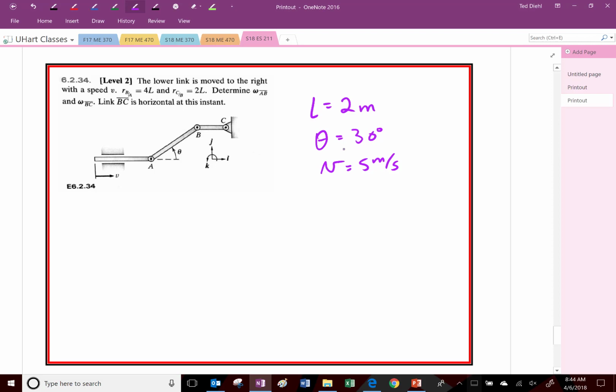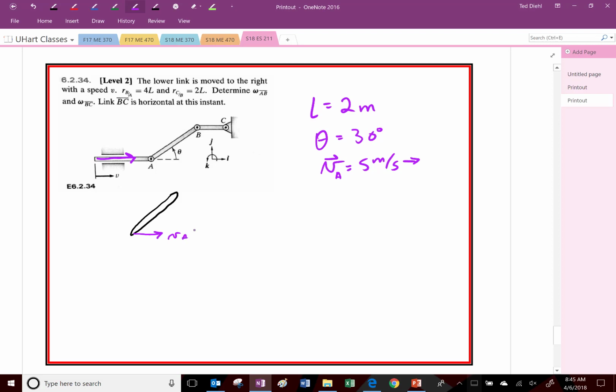Now they tell us that V right here is the same thing as VA. They gave us that it's moving to the right, so I could say that right there as a vector on VA. What I do for this is I just draw the linkage AB, and I know that VA is in this direction here.